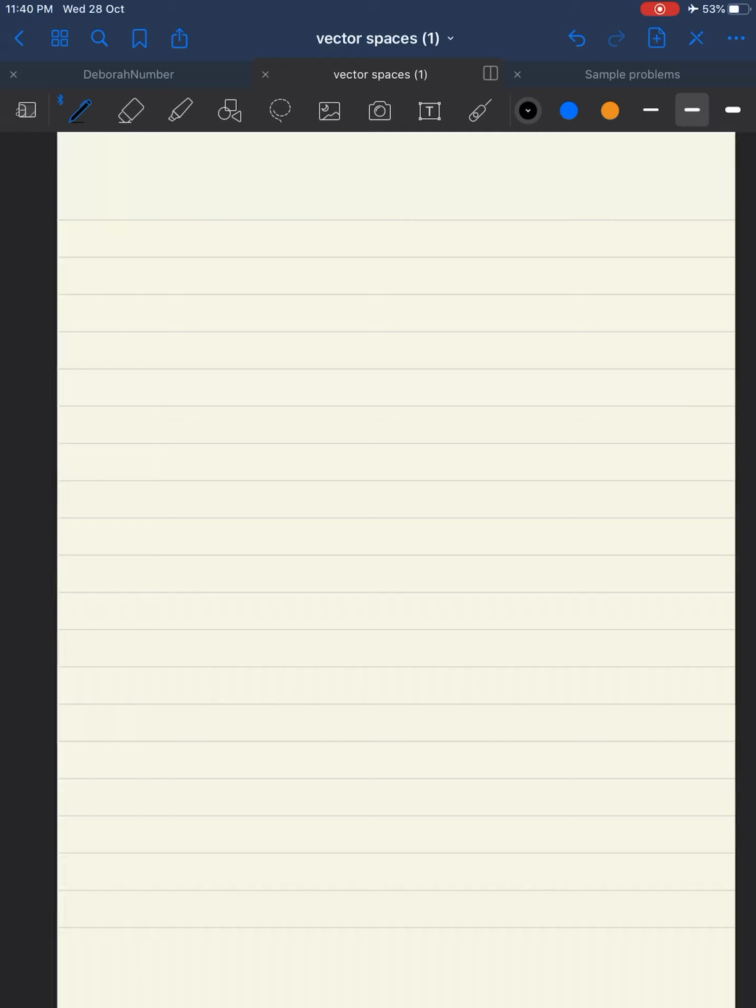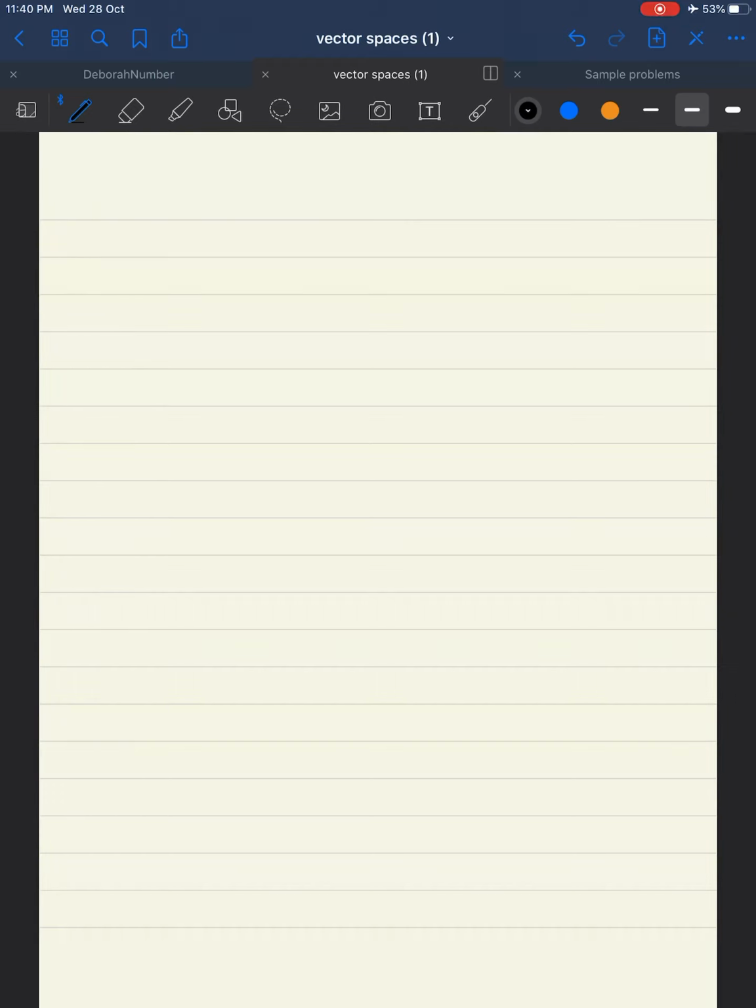So what it means is that if you have, let's say, a square at the beginning of the game, and the square has now deformed in some way. Okay, so the square has deformed.